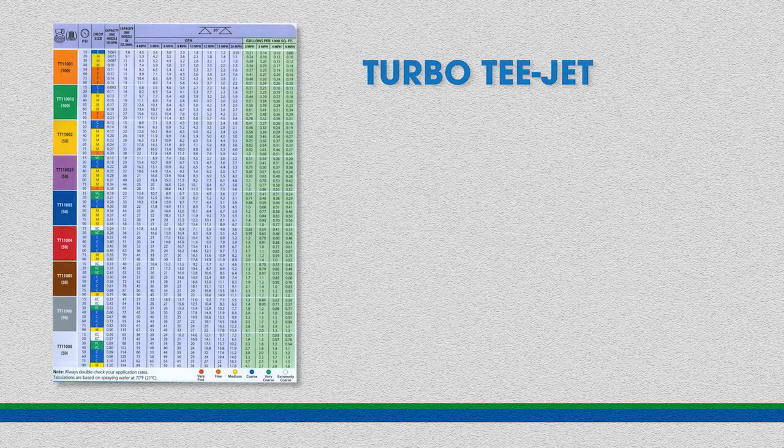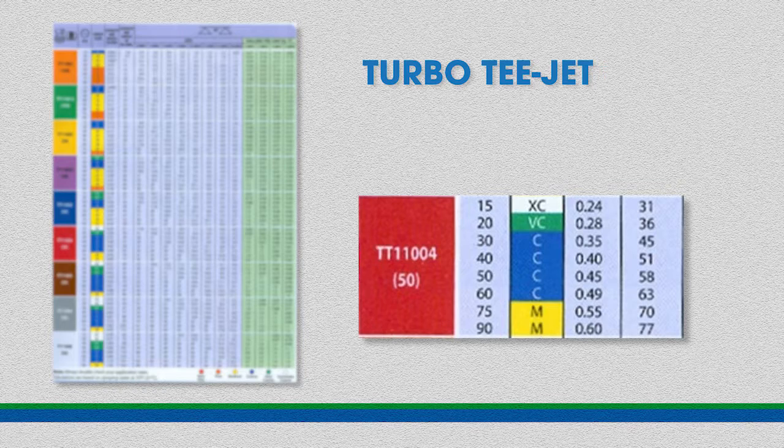We're going to stick with the Turbo T-Jet nozzle for this example. We look down that fourth column from the left. We see there the TT11004. If we operate that nozzle at 40 psi, we're putting out a flow rate of 0.4 gallons per minute. If we operate it at 50 psi, we achieve a flow rate of 0.45 gallons per minute.